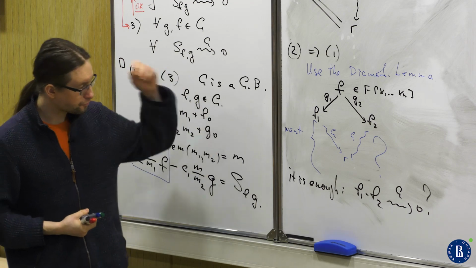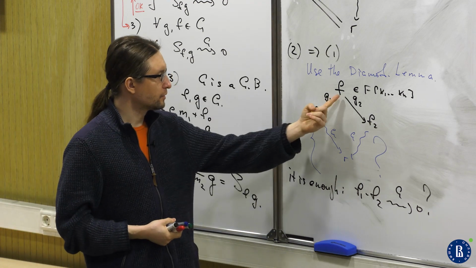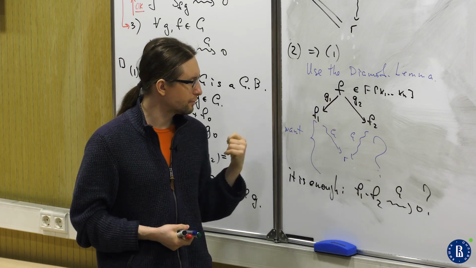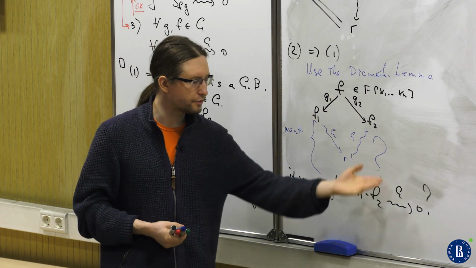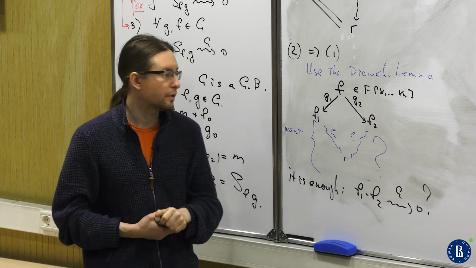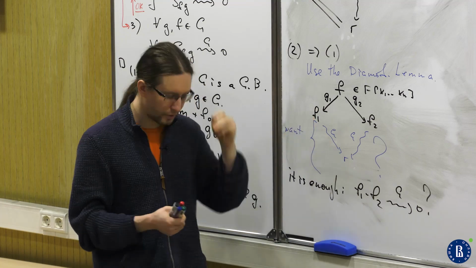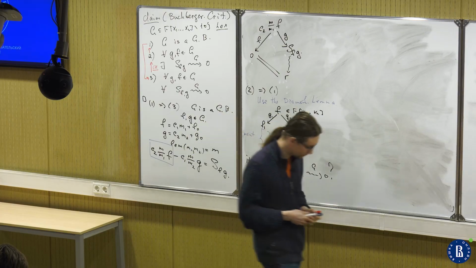So now, we're starting from the polynomial f. We produced the polynomials f1 and f2, and we want to show that the difference can be reduced to 0. So let's take a look at these two polynomials closely, and let's see what the difference is.